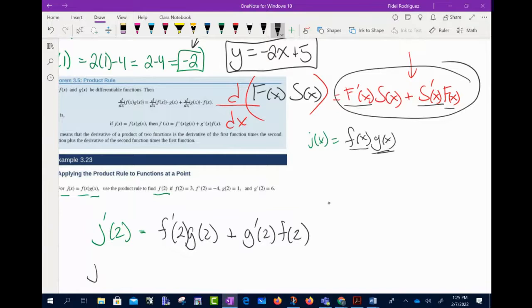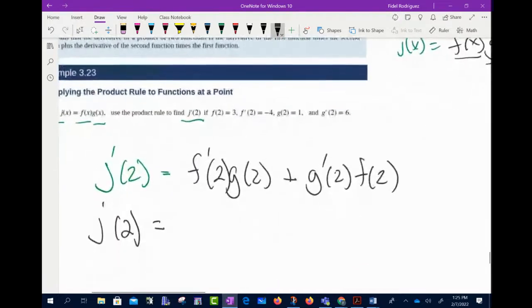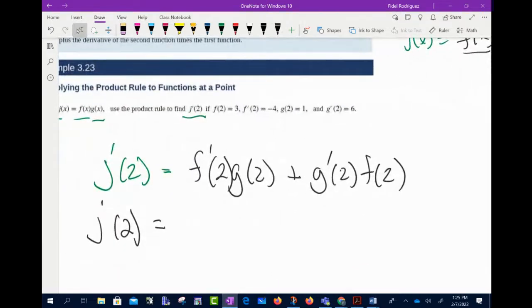Now, let's see if we can actually find the value. I'm going to zoom in here so I can see this a little better. First question: do we know what f prime at 2 is equal to? Yes, it is. Do we know what g of 2 is equal to?